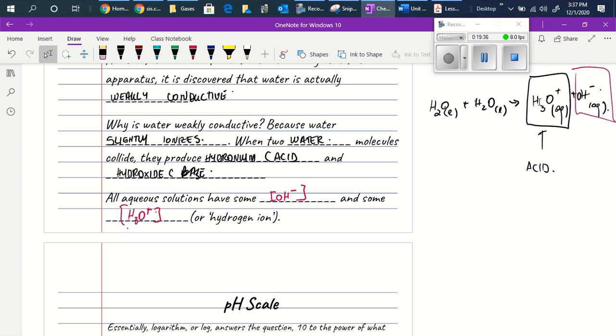So this proton that is free in water is attached to a water molecule, creating the hydronium ion. And hydronium ion is just water plus a proton.